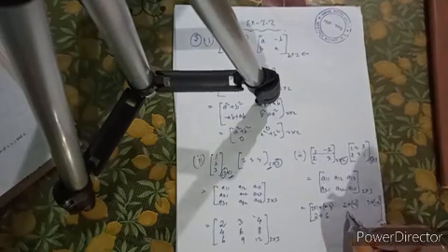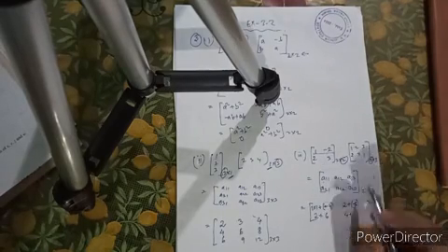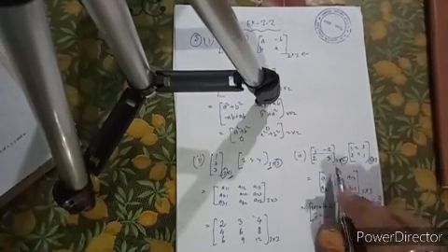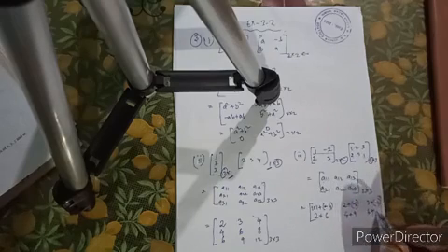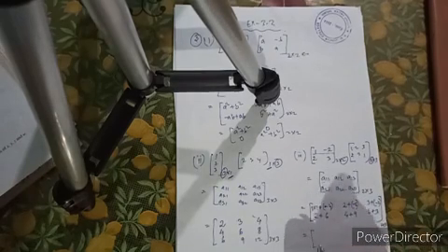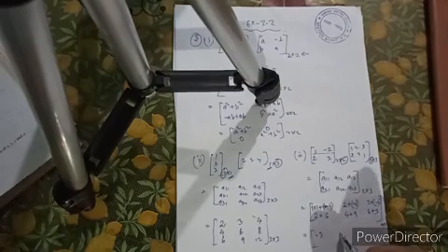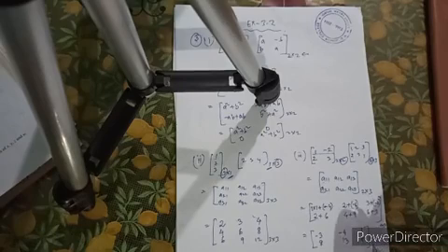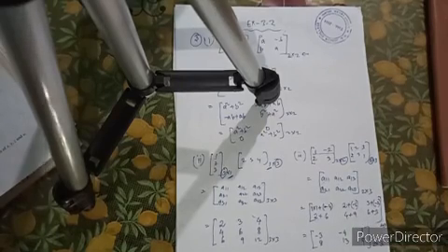Then 2 into 2 will be 4 plus 3 into 3 will be 9. So 2 into 3 will be 6 plus 3 into 1 will be 3. So what is the output you will get? Minus 3, minus 4, 1, 8, 13, 9. So this is the output of our matrix.